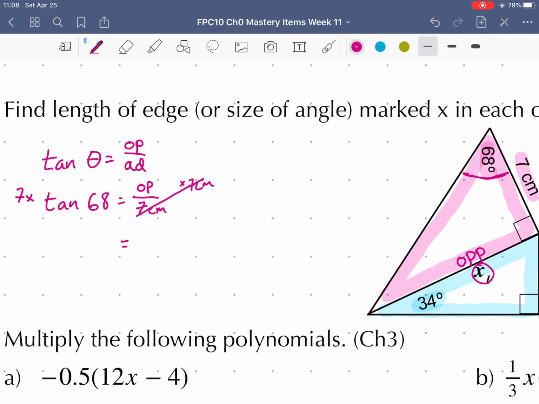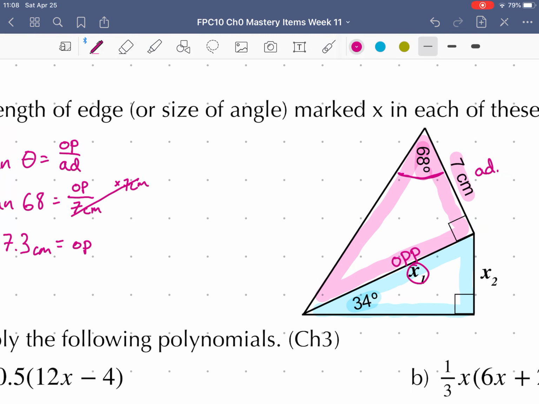And I get 17.3 centimeters. I keep the more precise number in my calculator, but I write this 17.3 here for x1.